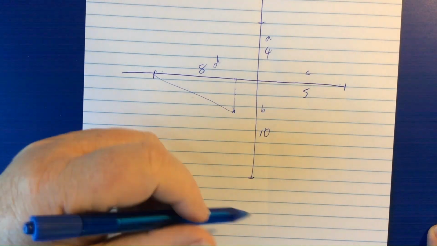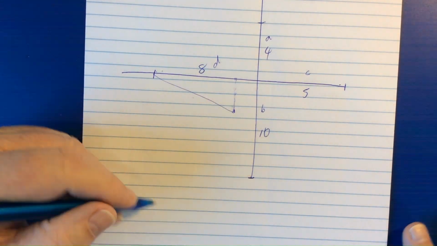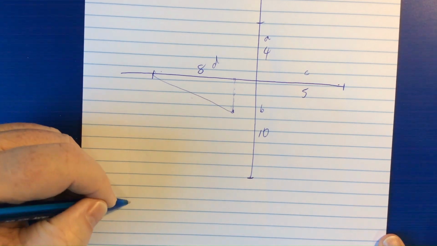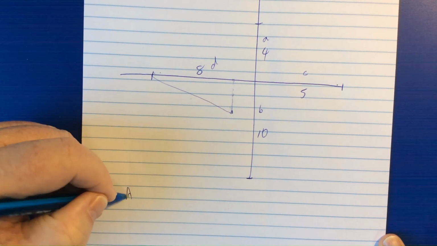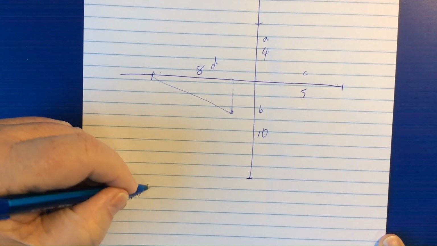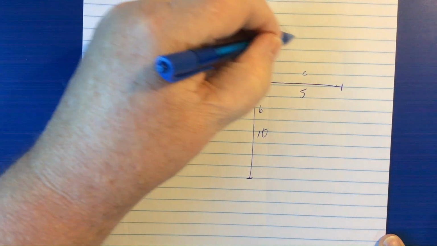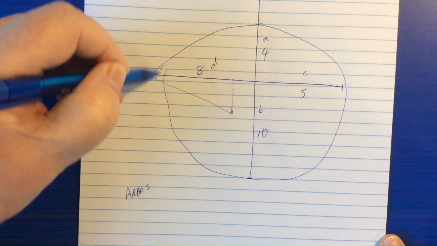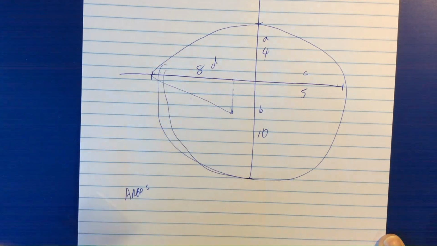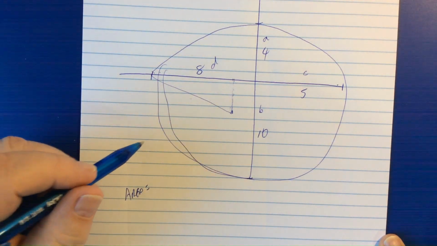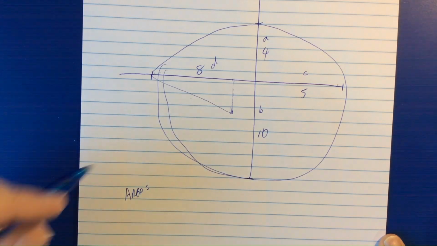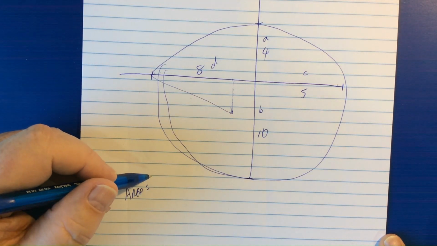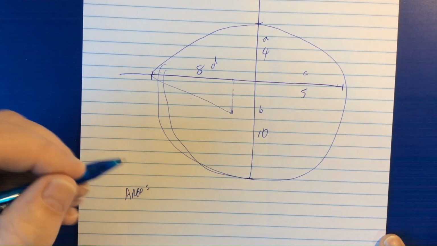So if we want to get the radius squared, which is what we need to find the area, because area of the circle, so if I just very badly draw in a circle, that's a really lumpy circle, but forgive me. I'm looking at the camera as I do it, and it's not that easy. Well, not for me.